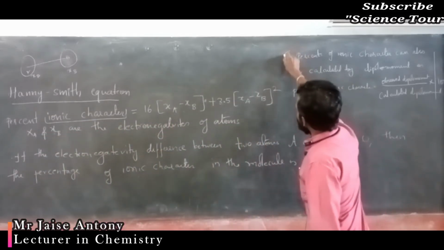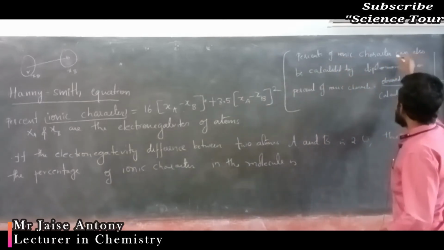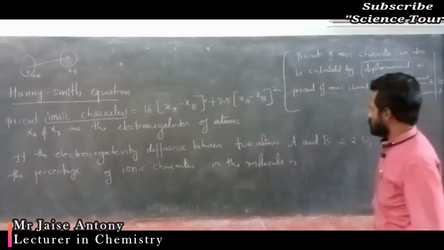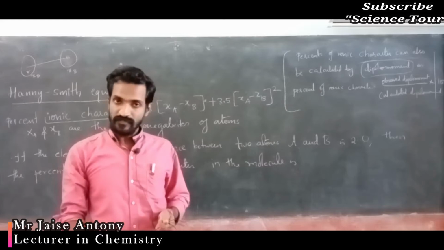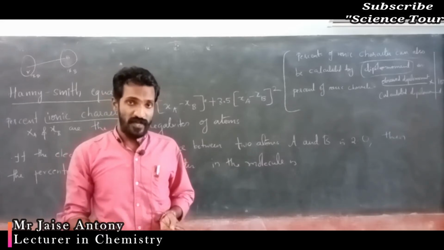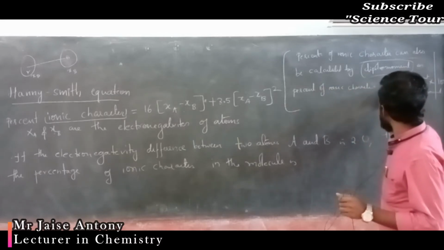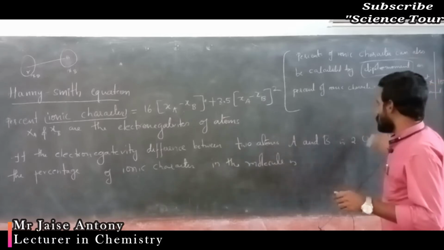One more formula is given to find the percentage of ionic character, if they give the dipole moment. The percentage of ionic character is equal to the observed dipole moment divided by the calculated dipole moment, into 100.